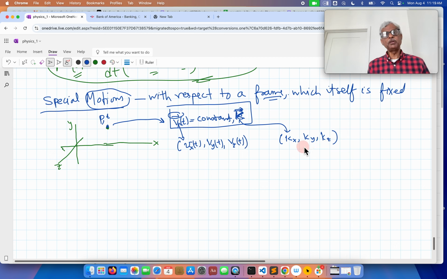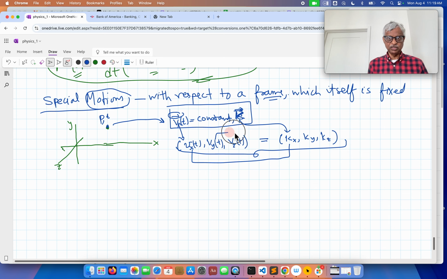We will talk about vectors as we go along, not giving them very special treatment. If this equals that, then each component has to equal the corresponding component.